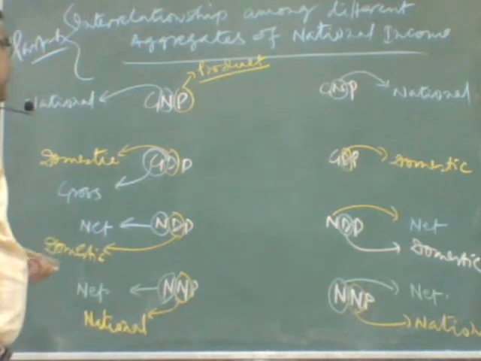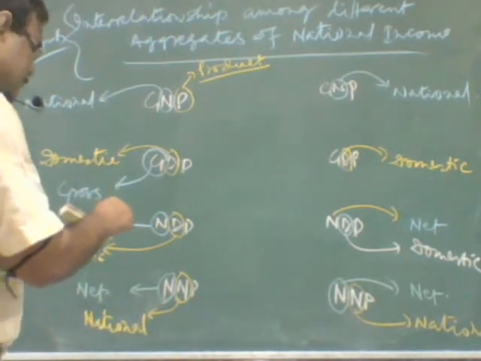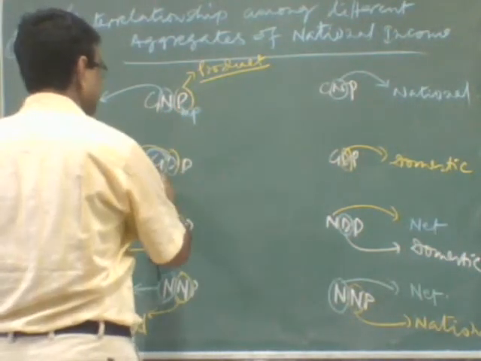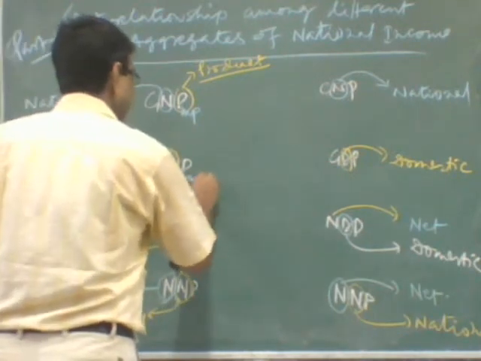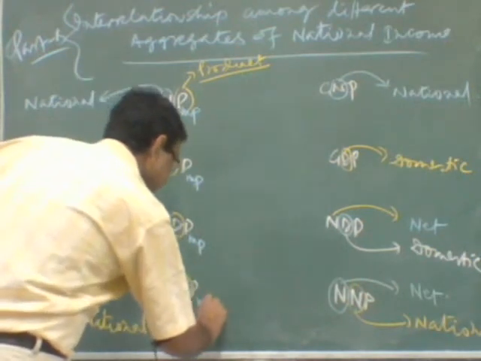GDP, GNP, NDP, and NNP. Here, GDP means GDP at market price. GNP means GNP at market price. NDP means NDP at market price. NNP means NNP at market price.